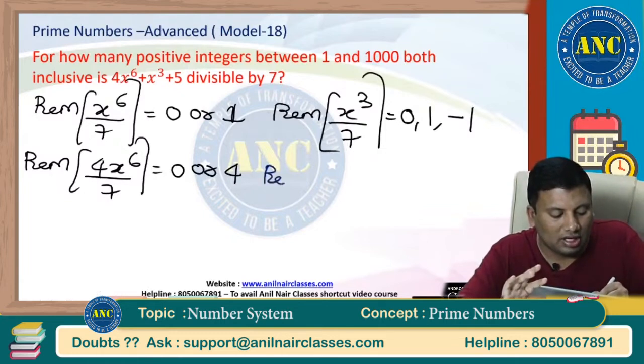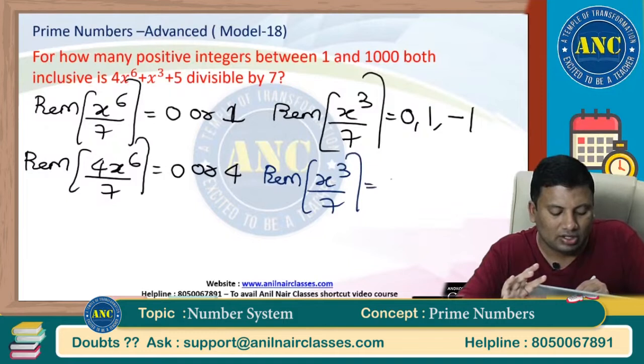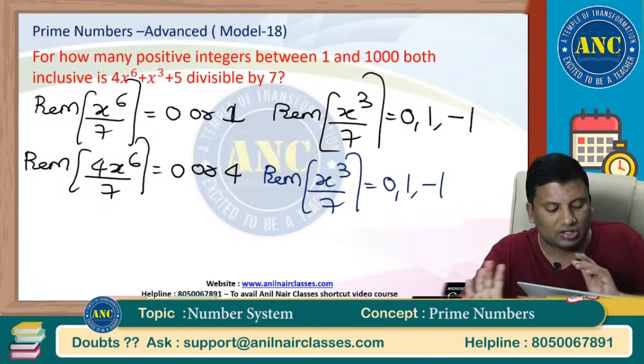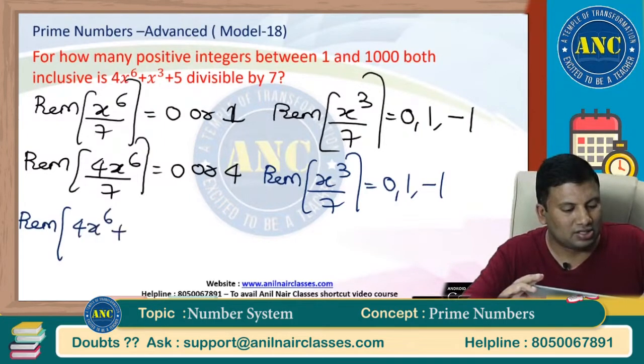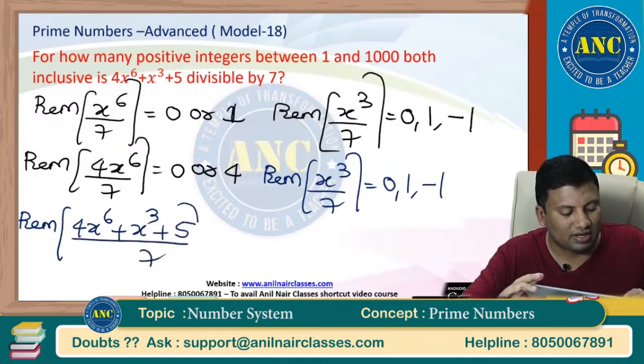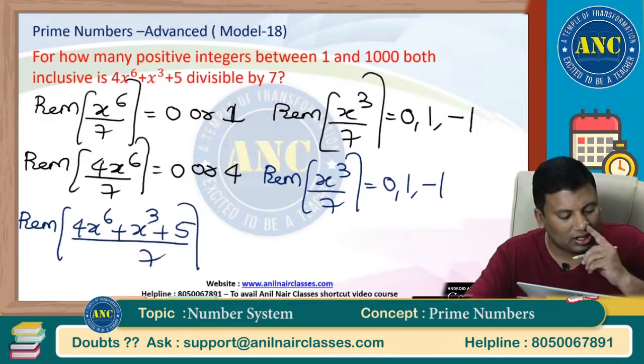So x cube divided by 7 is nothing but 0, 1 or minus 1. Now if you add it, 4x power 6 plus x cube plus 5 divided by 7, are you getting a remainder 0 anywhere?